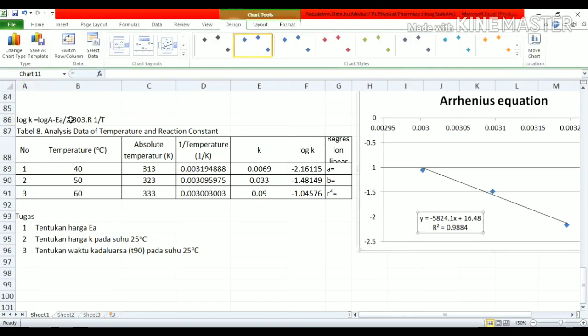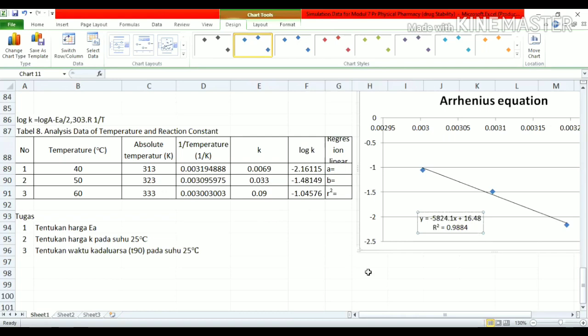So 25 degrees Celsius plus 273, so the X will be 1 per 298, so we can calculate using this equation to know the log of the K, or the rate constant, at the temperature 25 degrees Celsius. So just substitute into the equation.